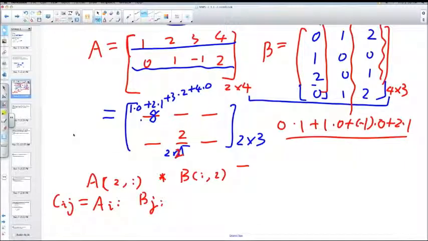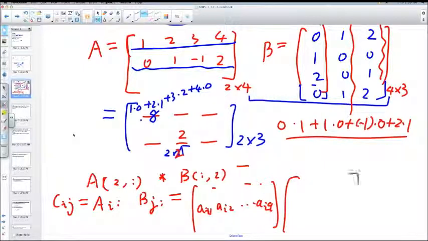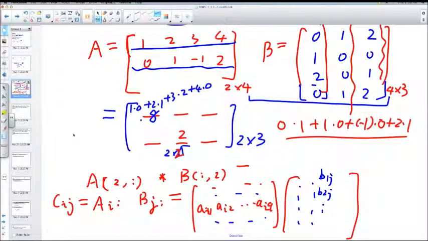What you are really doing, I don't care about the rest. This is A11, Ai1, Ai2, AiQ. And the B matrix I write in columns. And then this one is B1j, B2j, Qj.